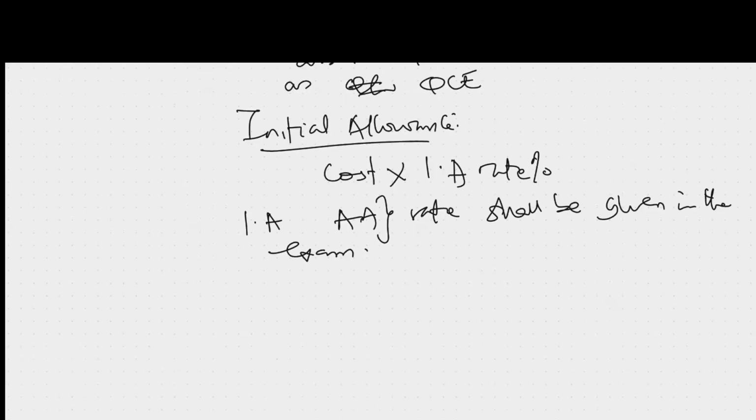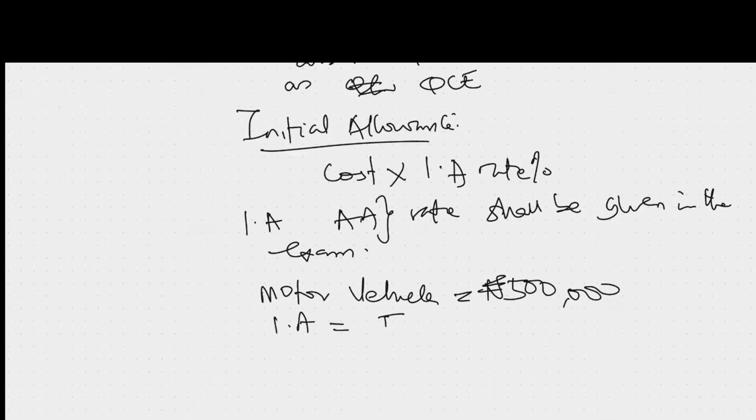For example, a motor vehicle was acquired and the cost is 500,000. The initial allowance rate for a motor vehicle is 50%. Therefore, to get my initial allowance, 50% multiplied by 500,000 gives 250,000.